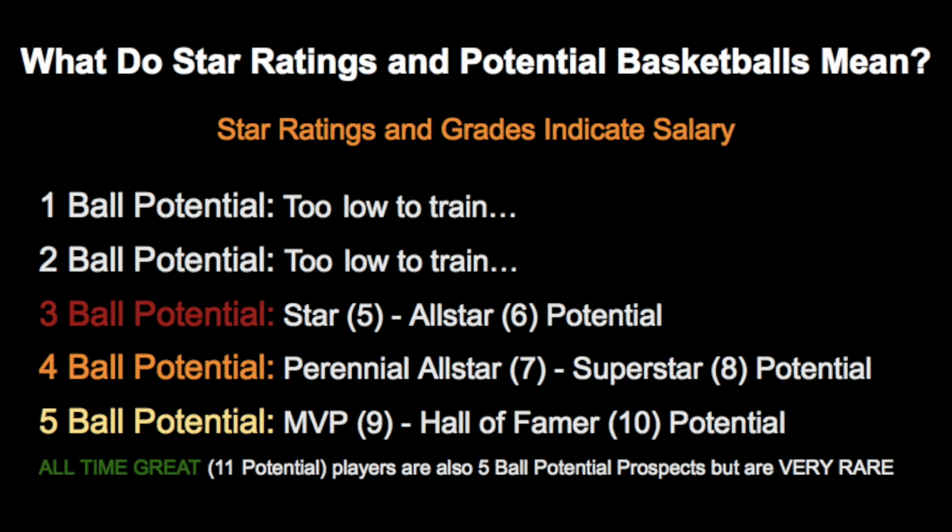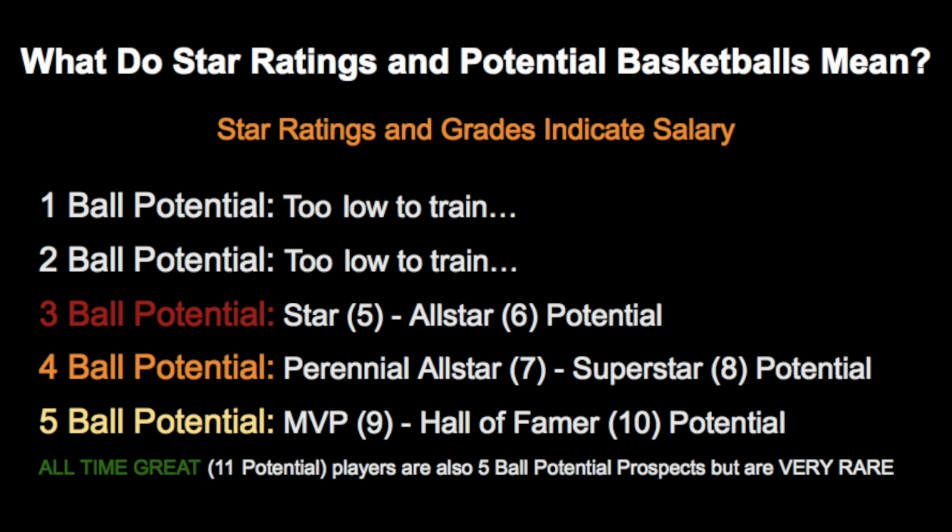So thinking about the skills that impact salary more or less, that can give you an idea of what you might be looking at. As for the potential ball tiers, I think they are more important. So shown on the screen here, I never recommend drafting a player with 3-ball potential or lower, as you typically cannot train them very long and they're only viable in lower leagues. 4-ball prospects, however, I think can be viable for some higher level leagues and can be viable for U21 as well.